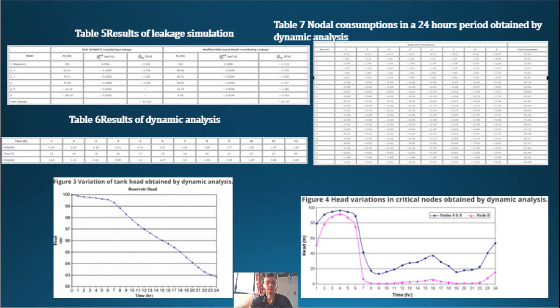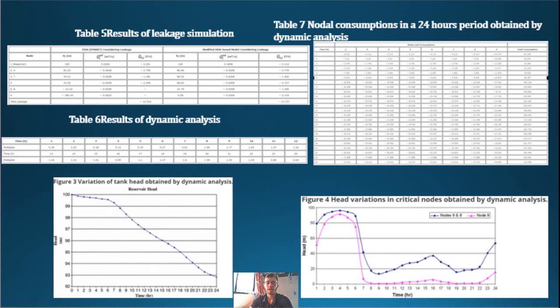Results of leakage simulation. This network is analyzed considering leakage in DDA and HDA methods, and the results are presented in Table 5. The DDA method shows no variation in nodal discharge, but the nodal heads are less than the case without leakage.